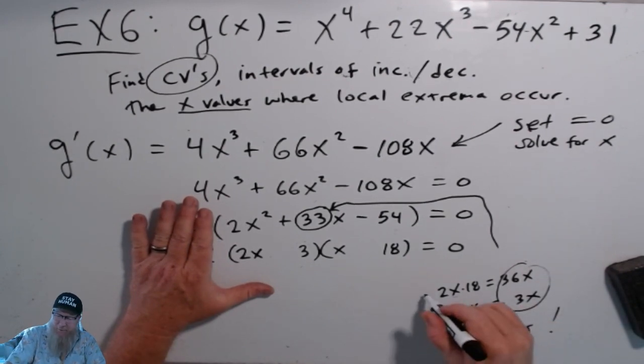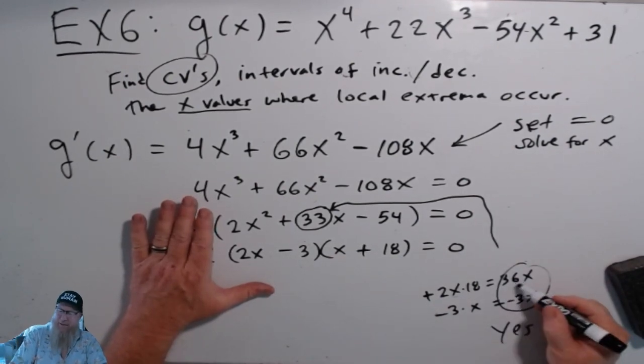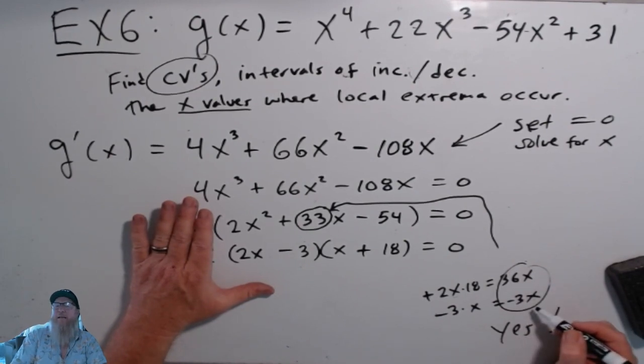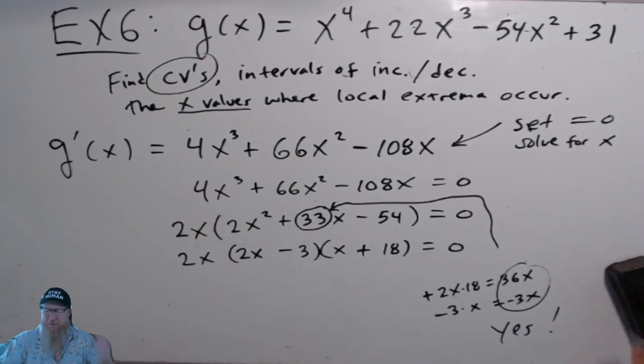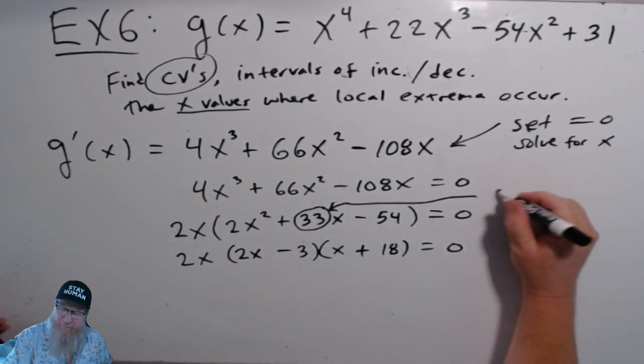So I just have to make that one plus and that one minus. So make the 3 a minus, and then it'll be 36 positive, and then negative 3x will be positive 33x. So there you go. That's factoring in a nutshell.